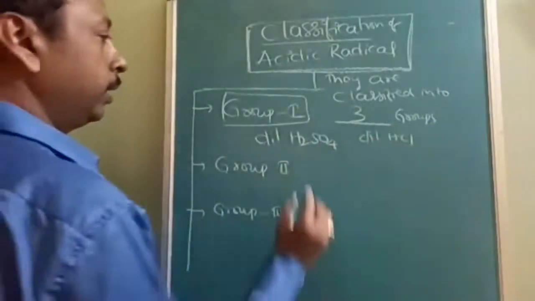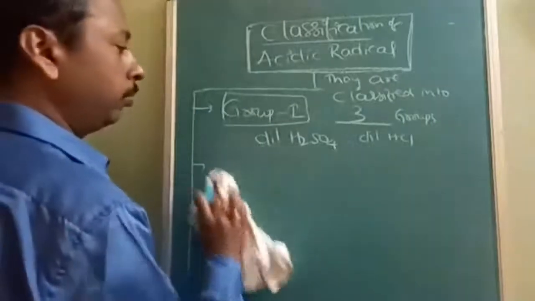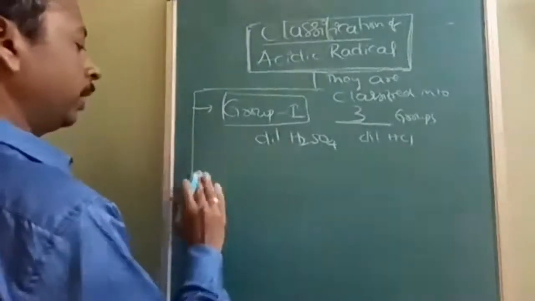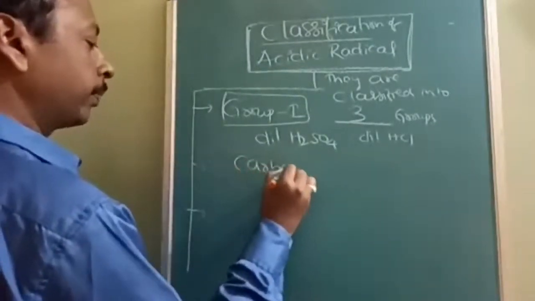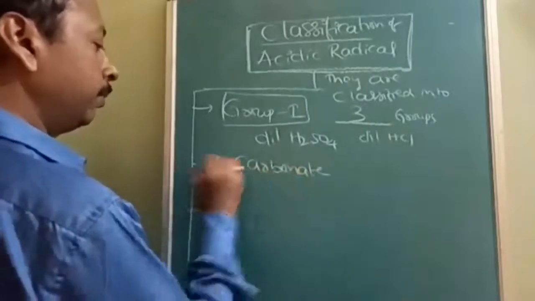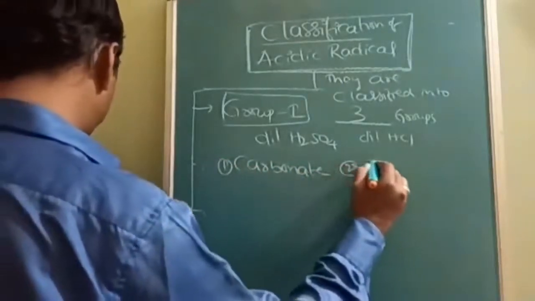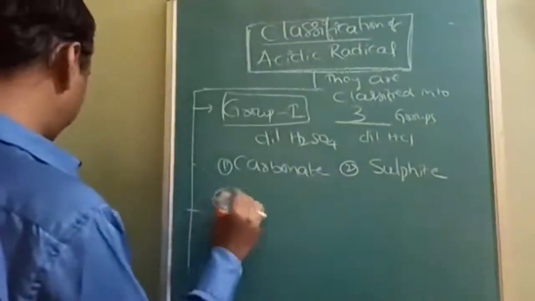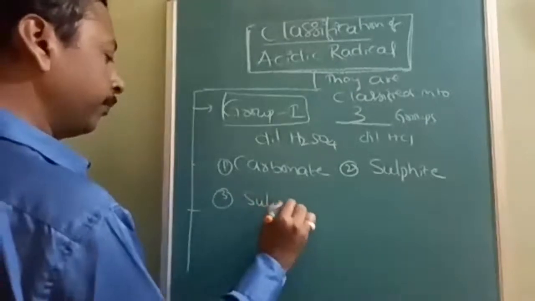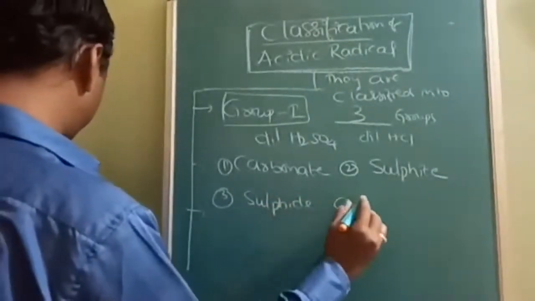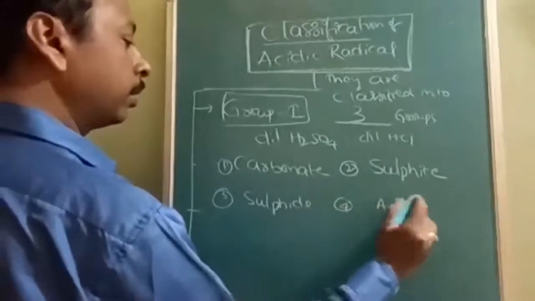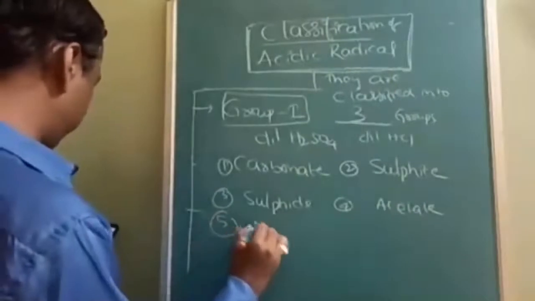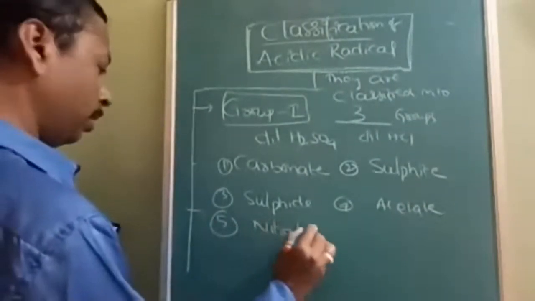Group 1 reagent is dilute H2SO4 or dilute HCl. In this group the anions are: first example carbonate, second example sulfite, third example sulfide, fourth example acetate, and fifth example nitrite.